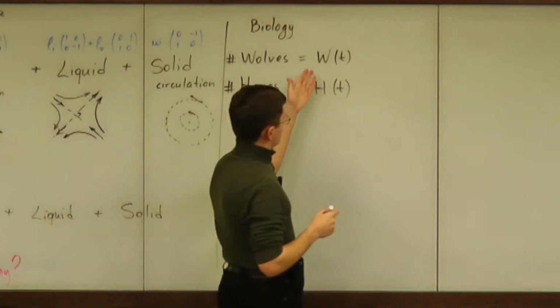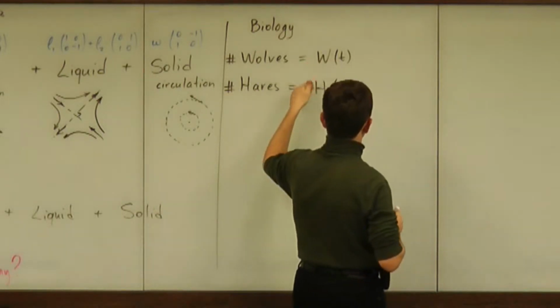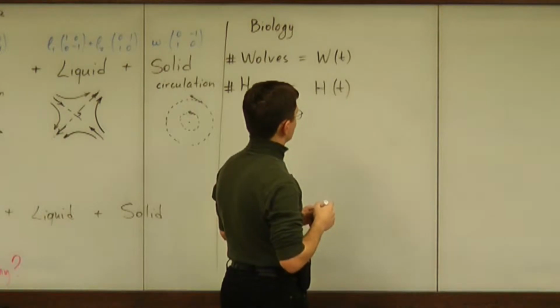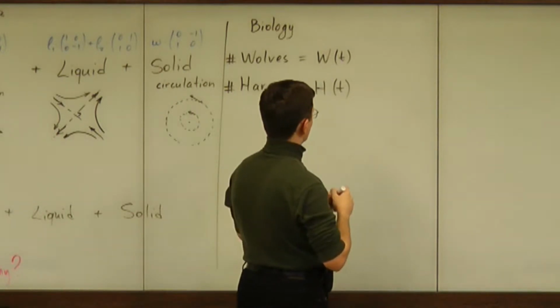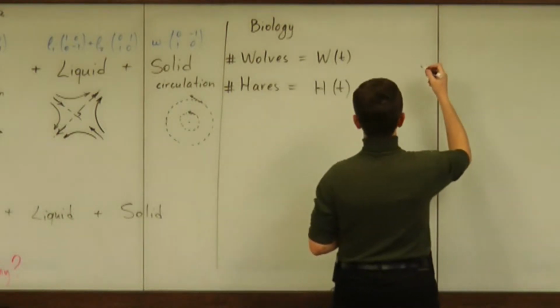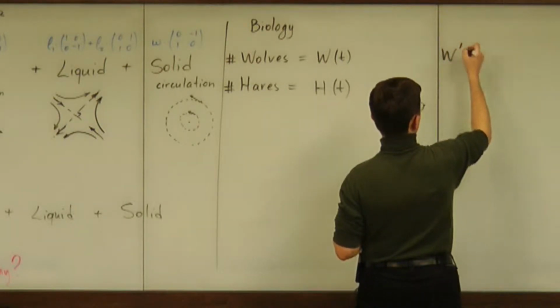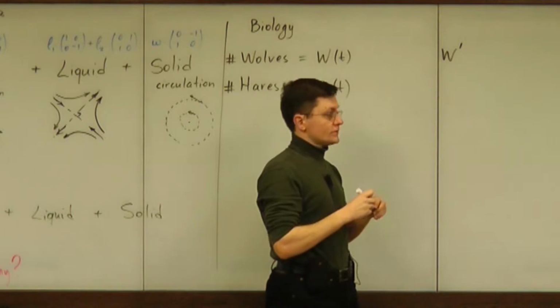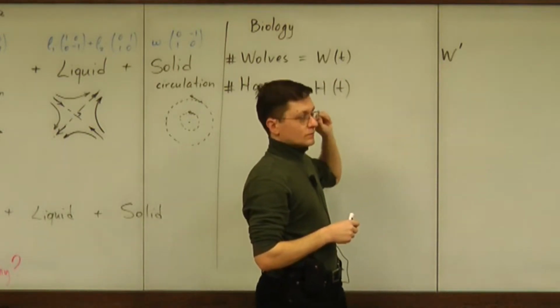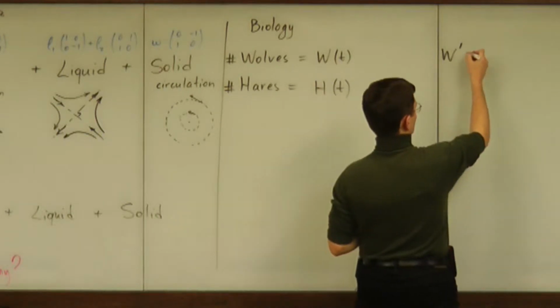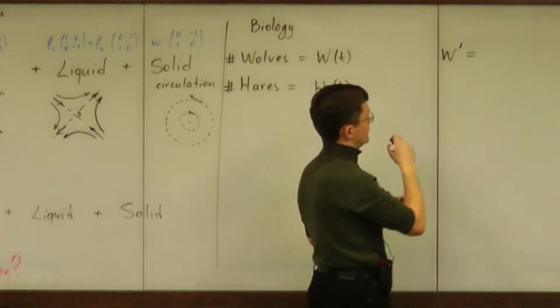And then we might want to see a relation between those populations, and a model that we may want to consider is the following. We may look at the rate of change of the population of wolves and relate it to the population of wolves and hares.